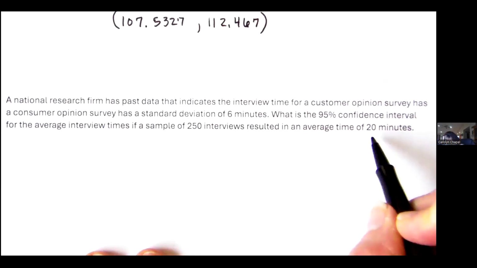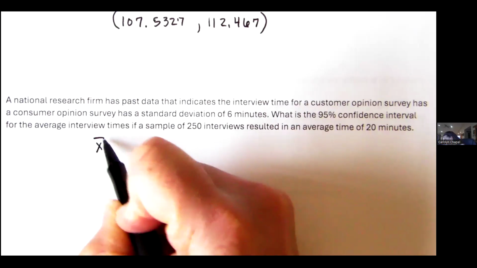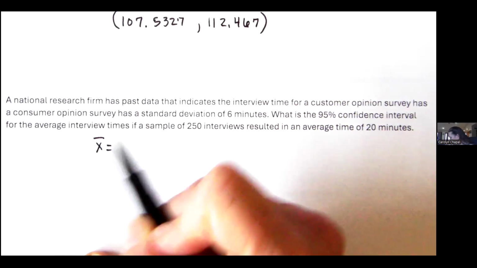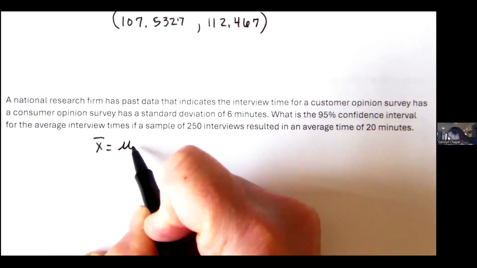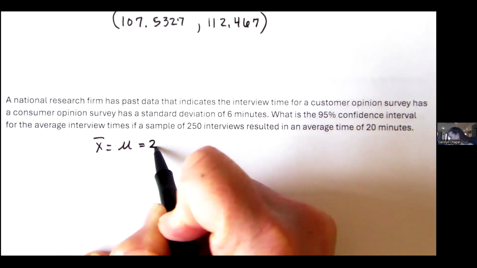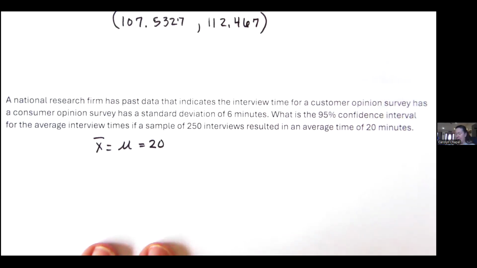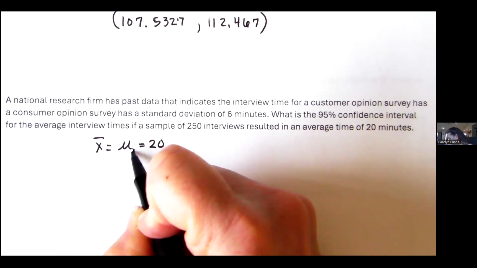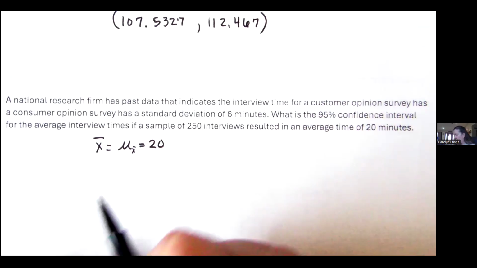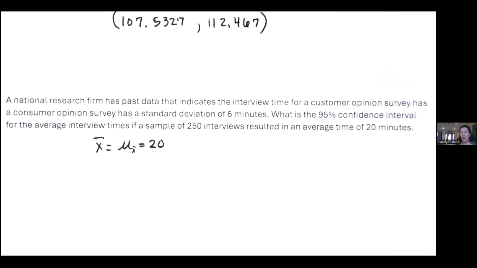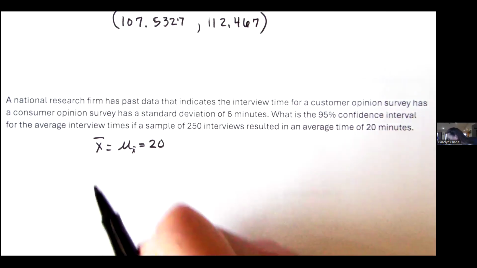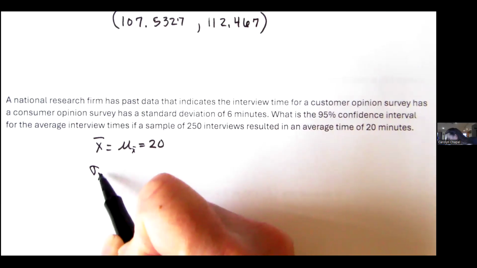So my mean, my X bar, is something I do need, because that's going to be my mean. I'm going to use 20. And then we're adding and subtracting a little bit, the margin of error, to create our lower bound and our upper bound.